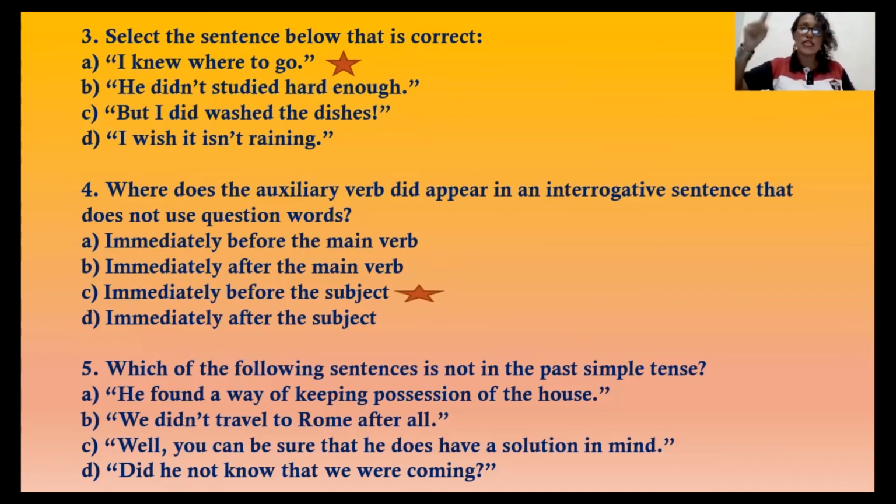Did you? Did she? And number 5: which of the following sentences is not in simple past? It's pretty simple to identify. What is not in past? Well, "You can be sure that he does have a solution in mind." This is the only one that is not in past, okay?